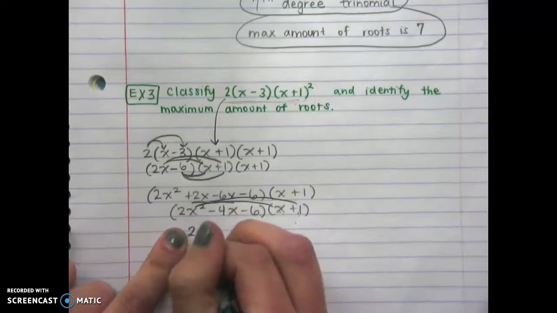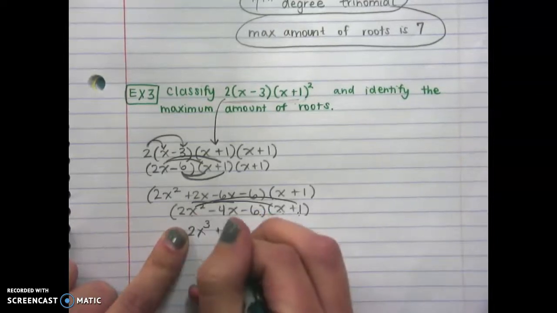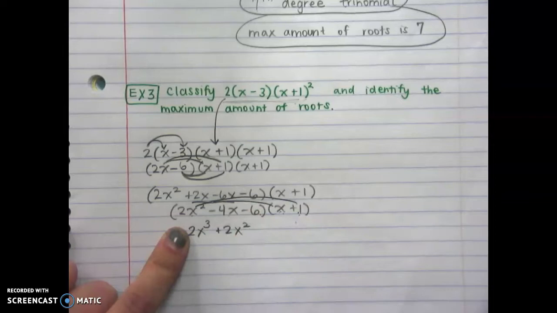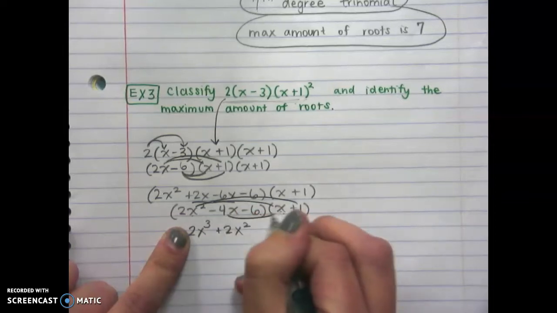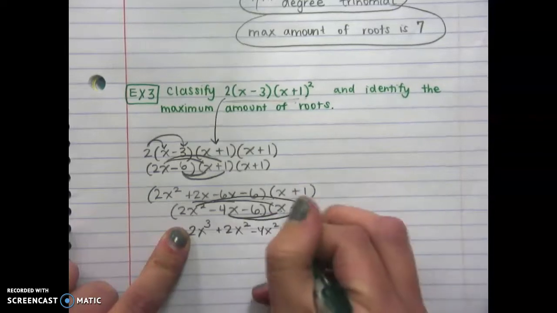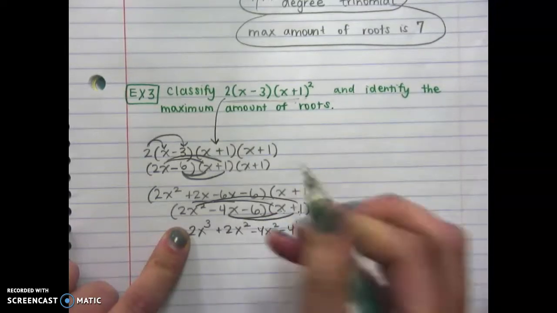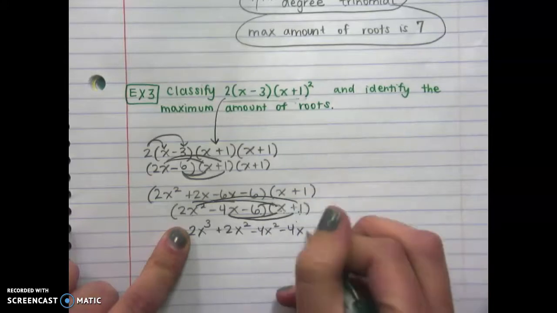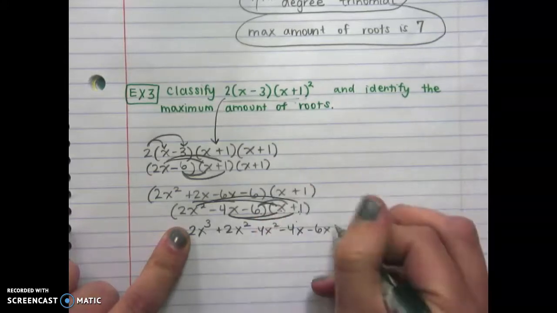So we have 2x cubed plus 2x squared, negative 4x squared, minus 4x, minus 6x, minus 6.